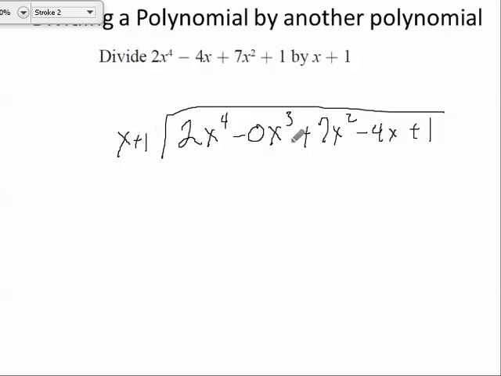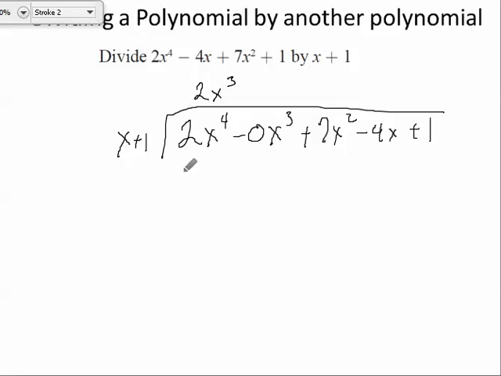The reason I had to make certain I had this 0x cubed in here is that I've got to have all the terms: 4th, 3rd, 2nd, 1st, and 0th, okay? So I'm going to multiply this one times 2x cubed. Why?